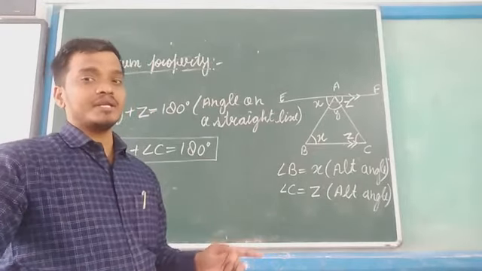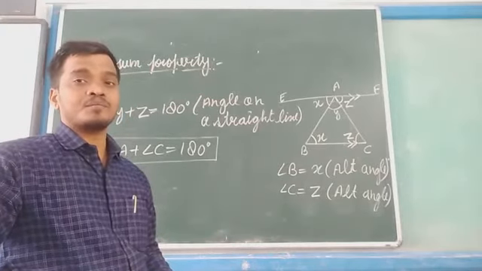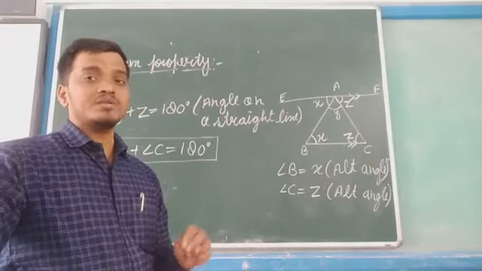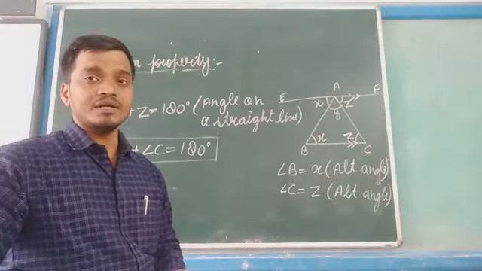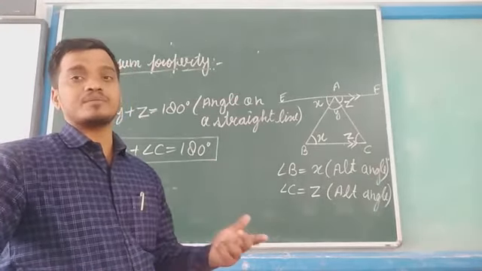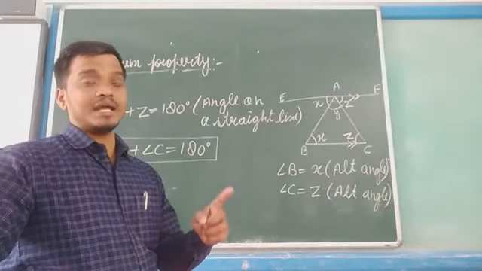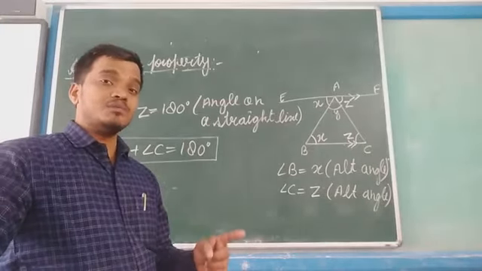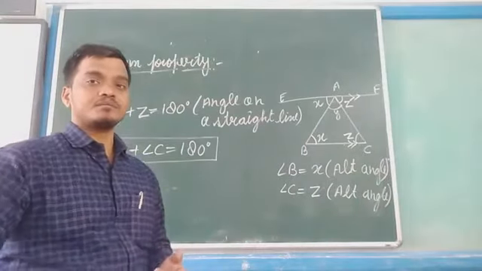That's why in the beginning I told you that in a right angle triangle only one angle will be 90, because if you take two angles as 90 and 90, the addition will already be 180. Where is the third angle? The possibility of a third angle is not there. Got it? So only one angle will be a right angle in a right angle triangle, and only one angle will be more than 90 in an obtuse angle triangle. Okay?